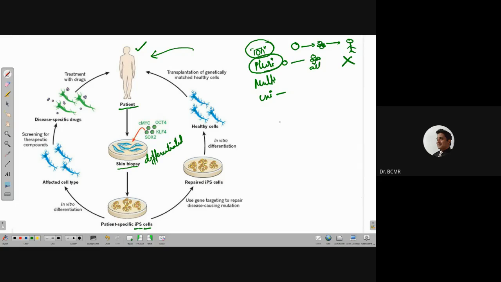In the future, medicine is going to be something like this. It could be that they take some cells of a person, which are differentiated ones and cannot give rise to any other cell types. They could be reprogrammed to pluripotent stem cells, and these will be stored in a stem cell bank.